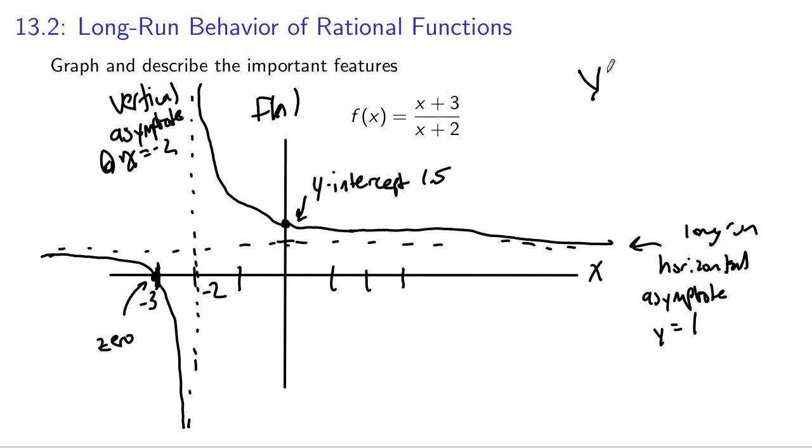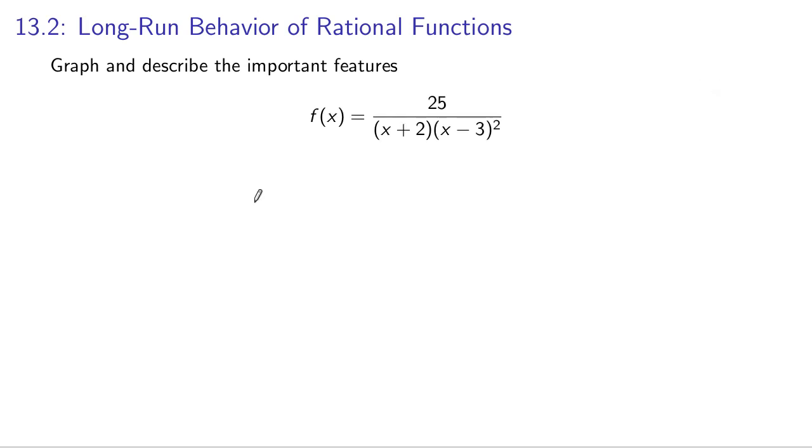Remember the long run behavior is going to be given by the equation y equals the ratio of the leading terms, x over x. And when we're talking about long run behavior, we're never close to 0. We don't have to worry about dividing by 0. y equals 1.